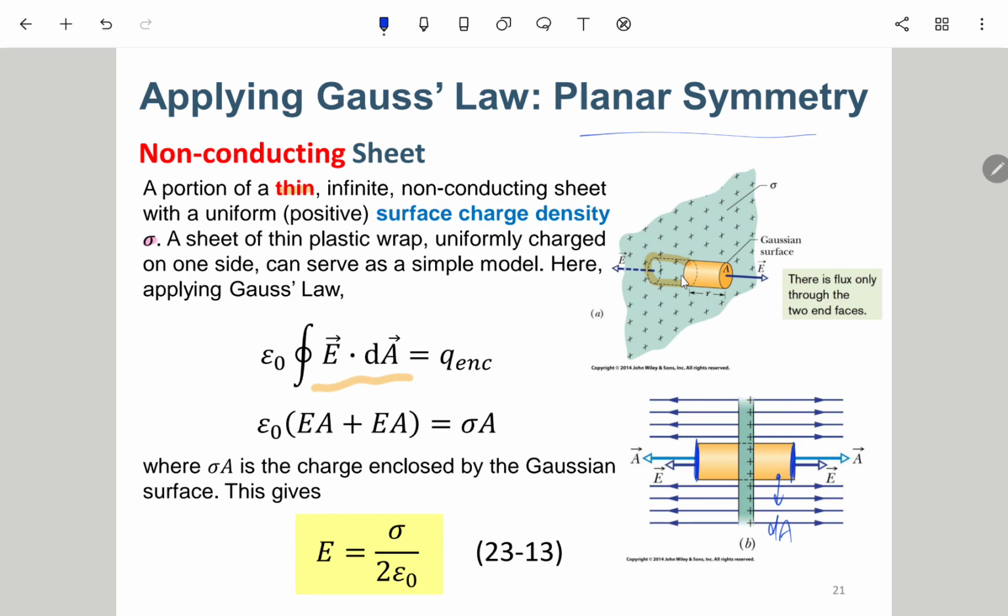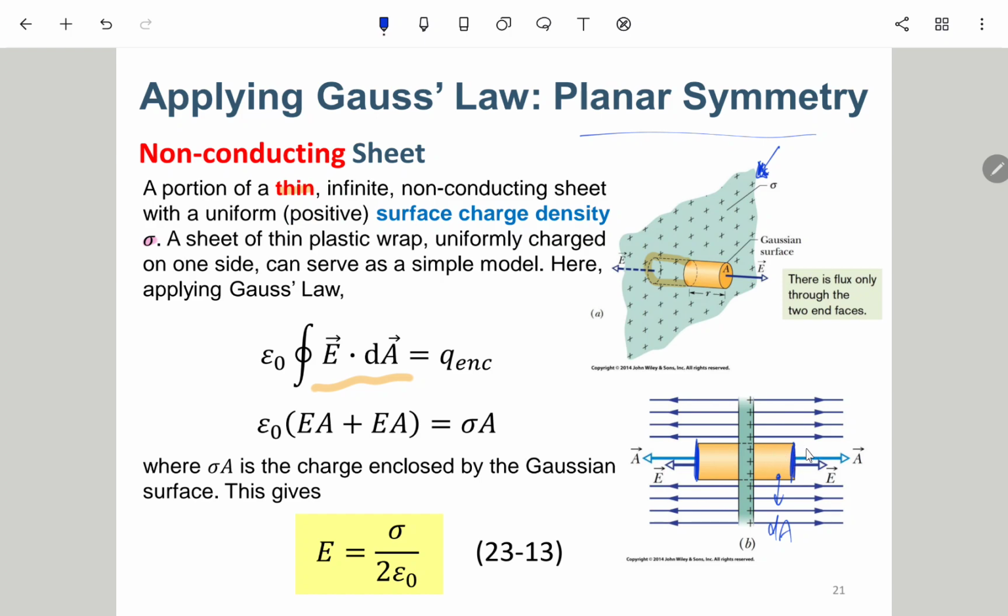And here we know that this non-conducting sheet is infinitely large, so every point will see the same thing, which means that on this Gaussian surface the E field is uniform. At least we know that on this surface.